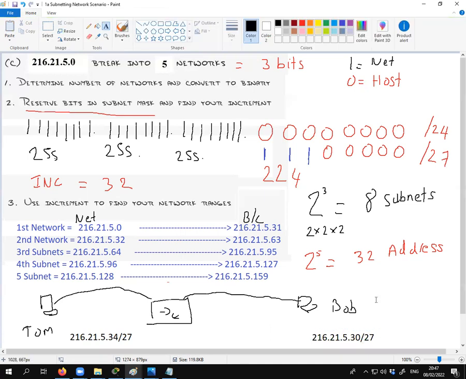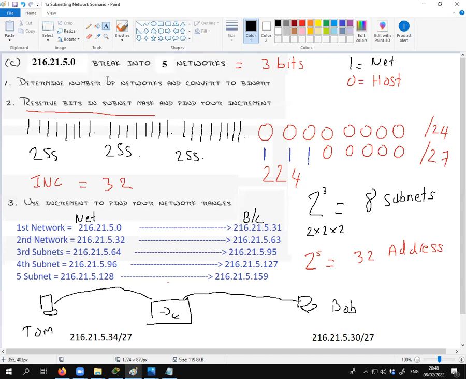Would Tom be able to ping Bob? Yes or no? We have a yes and a no. No, different networks. Because look, Tom lives in network number 2. His IP address is 216.21.5.34.